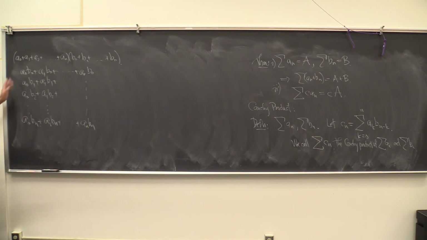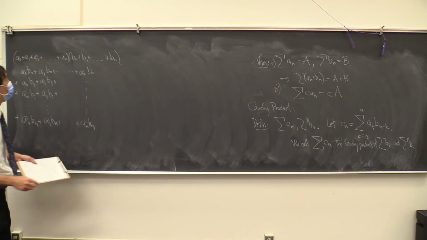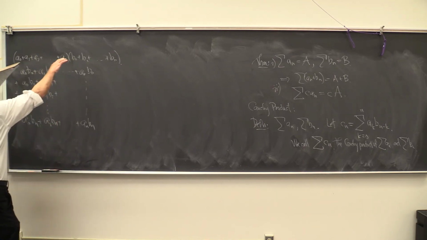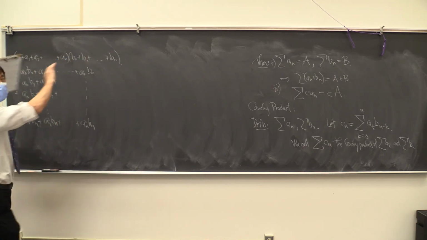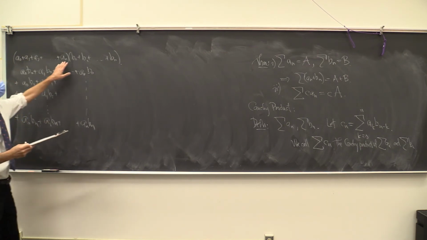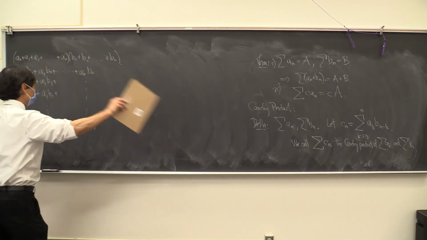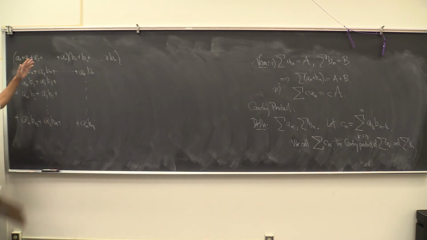So you get the sum of all these terms. And if we're thinking about the product of the infinite series, then we don't stop at n, but we get this infinite matrix of terms.